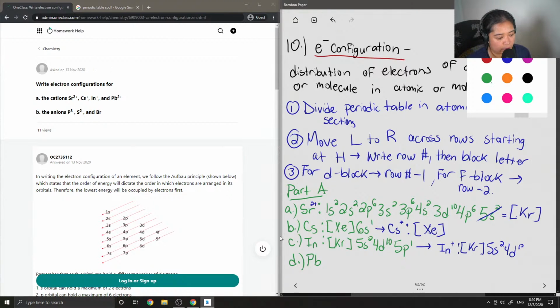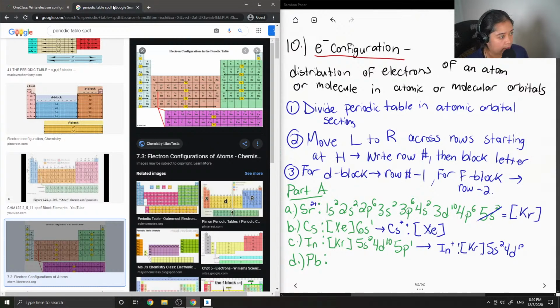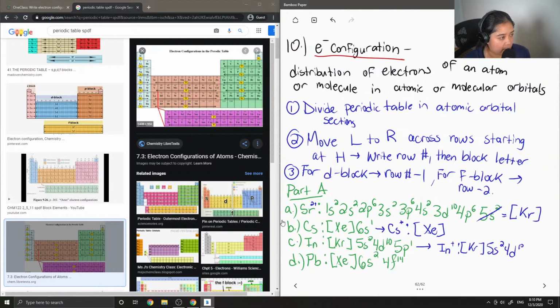And then for lead, lead is found over here, atomic number 82. Its electron configuration is xenon, 6s2, 4f14, because we need to take into account the last 2 rows as well.